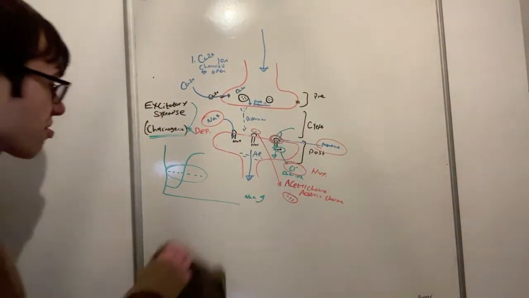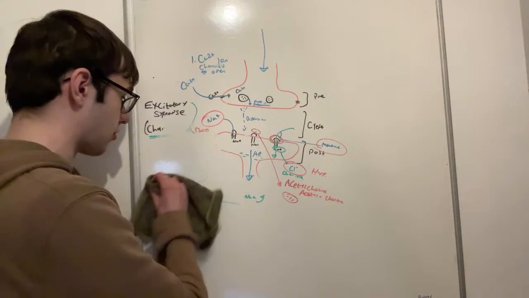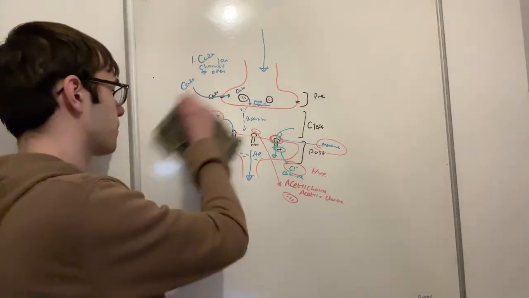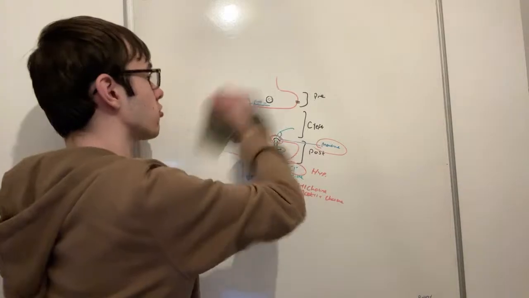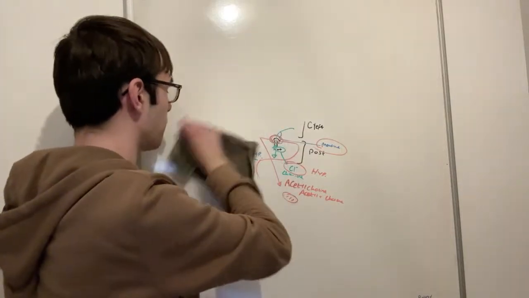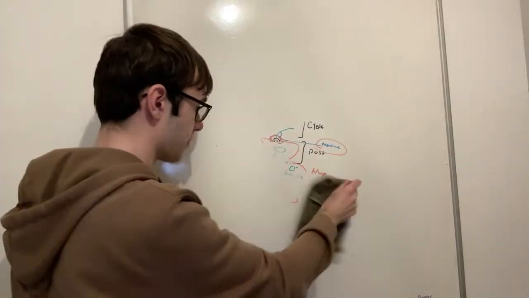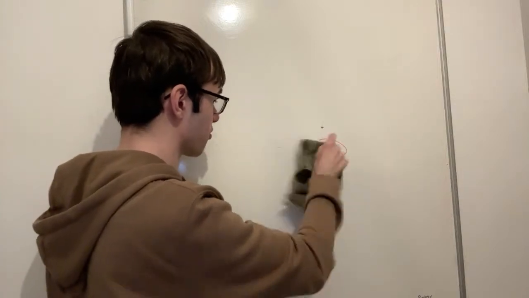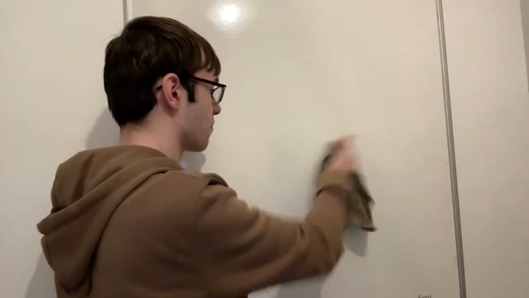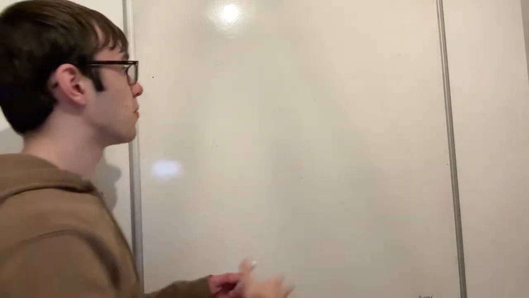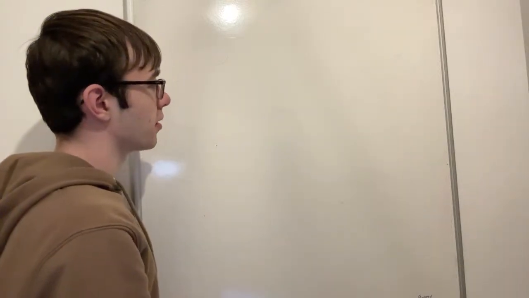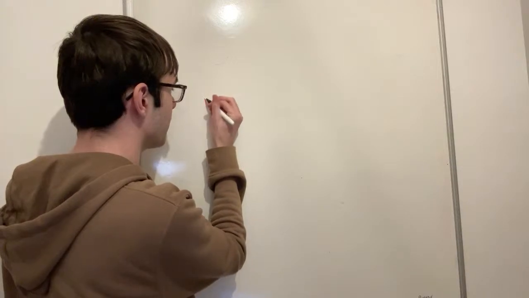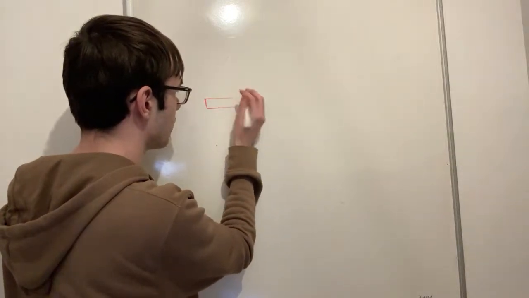Should we quickly do temporal and spatial? This is very simple. Spatial summation would be, for example, with the rod and cone cells, specifically the rod cells, where multiple rod cells are connected to the same bipolar cell.